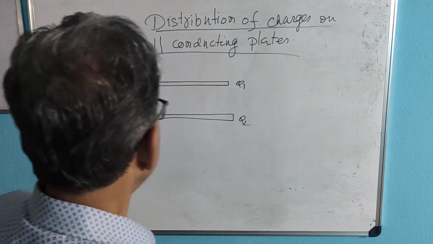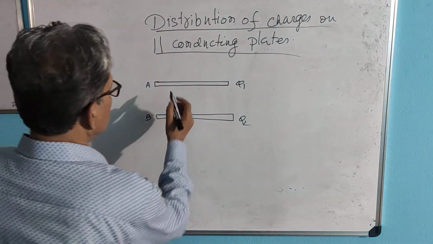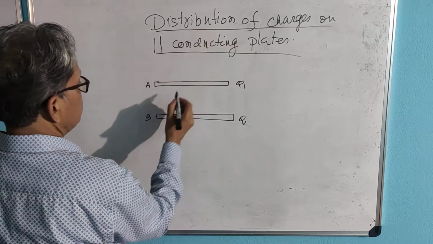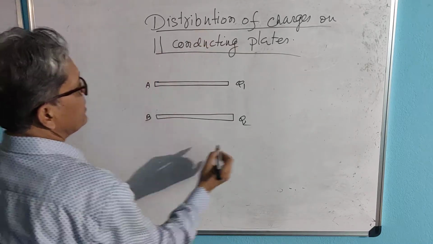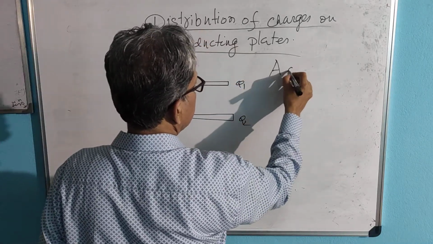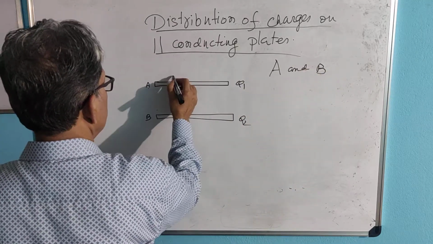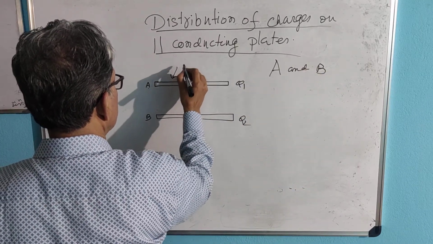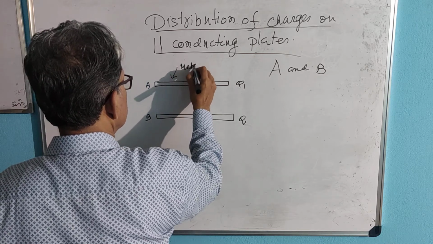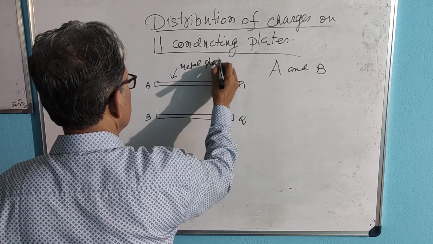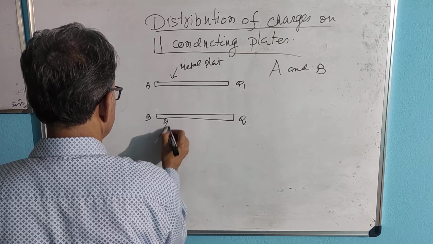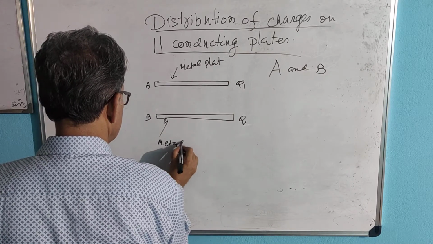Okay, these are 2 metal plates, conducting plates. These are plates A and B. These are all conducting plates, metal plates.